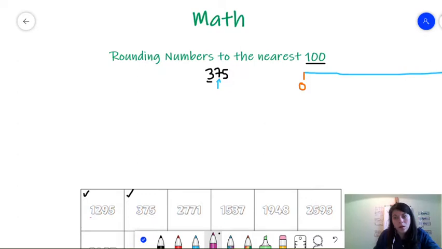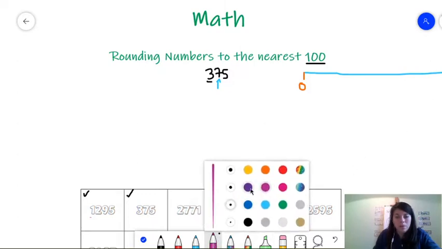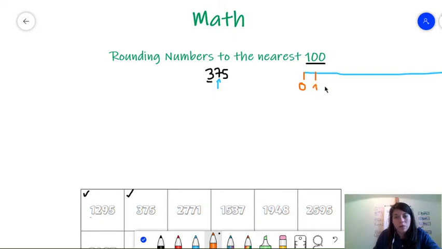9, okay? So, what's going to happen? Anything from 0, 1, 2, 3, and 4 is rounded down. Okay?